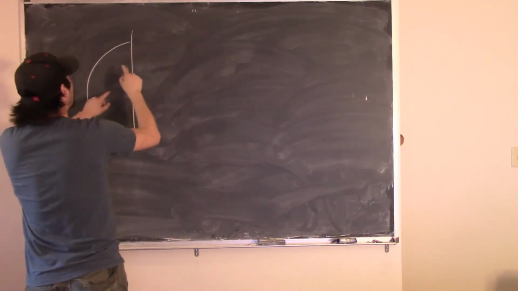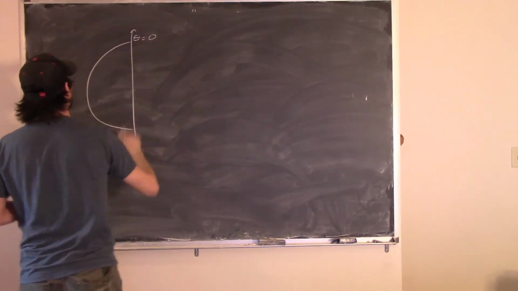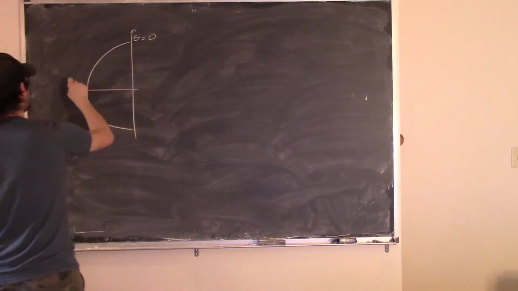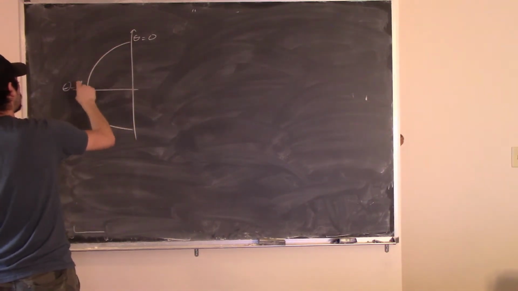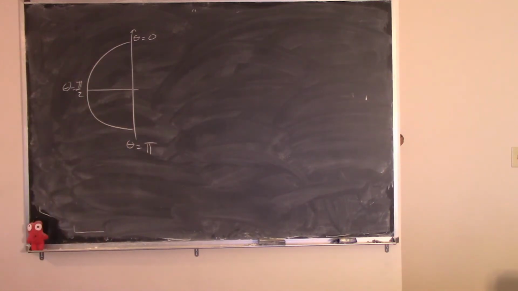So this one says you have to choose theta is equal to 0 up here. This is theta is equal to pi over 2, and this is theta is equal to pi. Okay, and then what it says is from theta is equal to 0 to theta is equal to pi over 2, there is a charge q1 uniformly distributed.